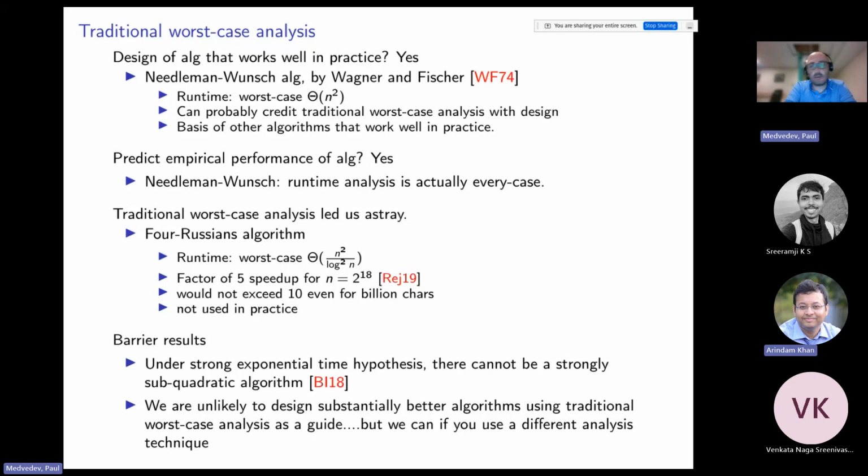One more question is, was the Needleman-Wunsch algorithm proposed by Wagner and Fisher, or by Needleman and Wunsch? Why is it called this? Yeah, this was a question I had when I was looking through the literature. The Needleman-Wunsch paper introduced the problem and gave an algorithm.